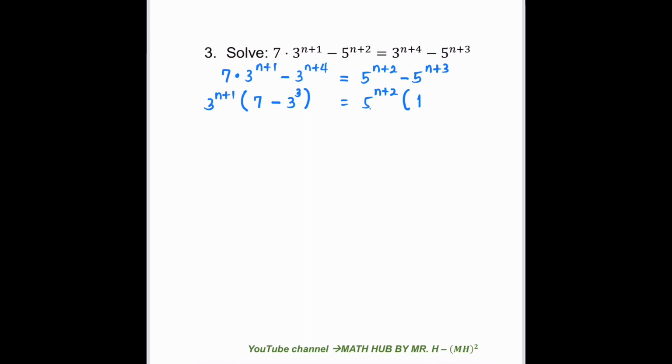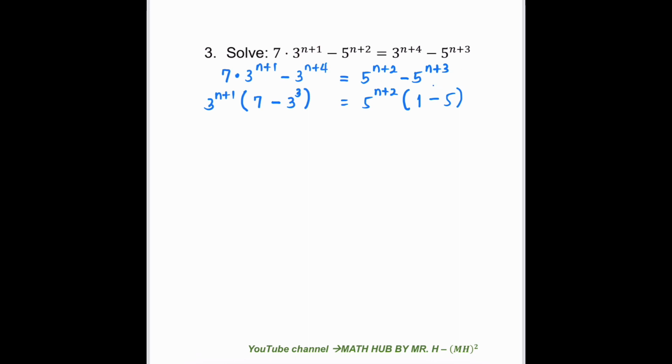And so taking out 5 to the power of n plus 2 from this, definitely there will be 5 left. So don't get confused because this 5 is equal to 5 to the power of 1.